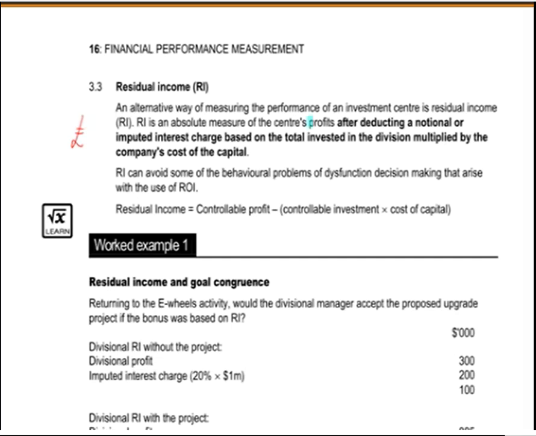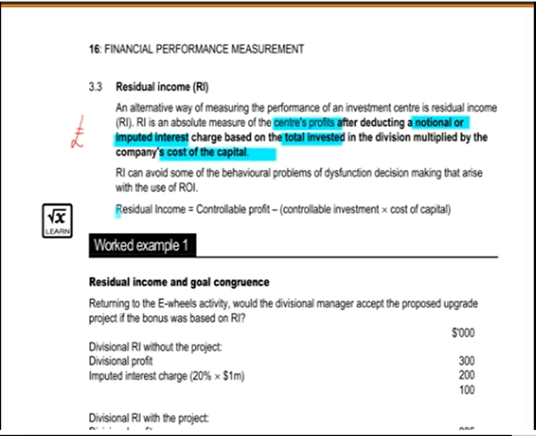We're looking at the profit for the centre still, just as we did in ROI, but this time, instead of turning it into a percentage, we'll take off a notional or imputed interest charge, which is going to be based on the total amount invested in the division and the company's cost of capital.